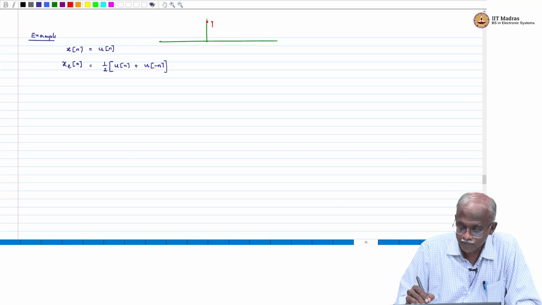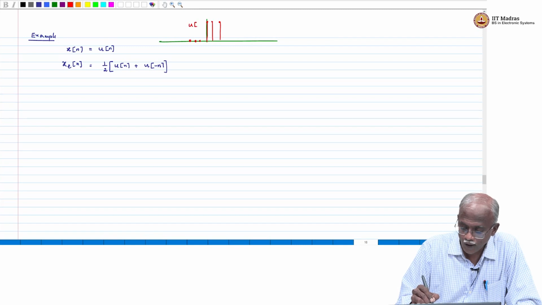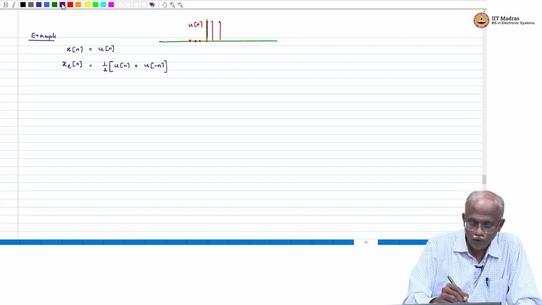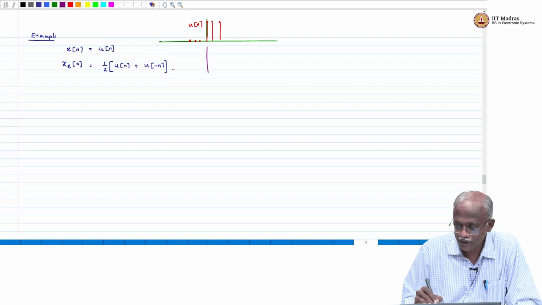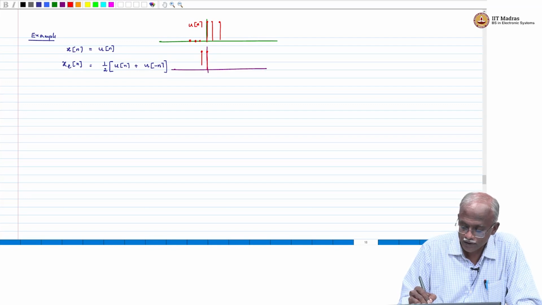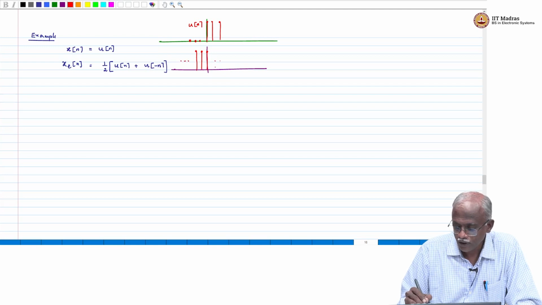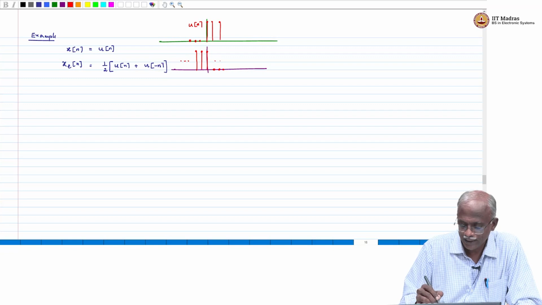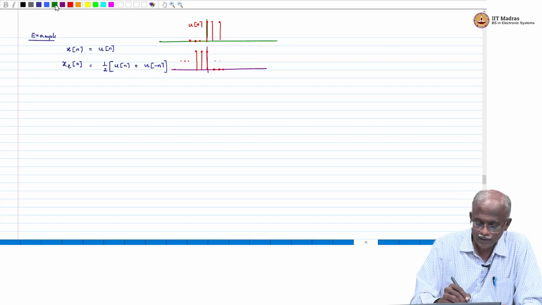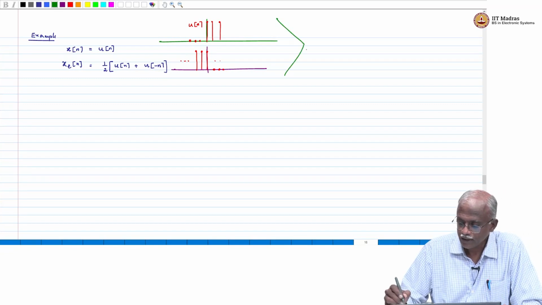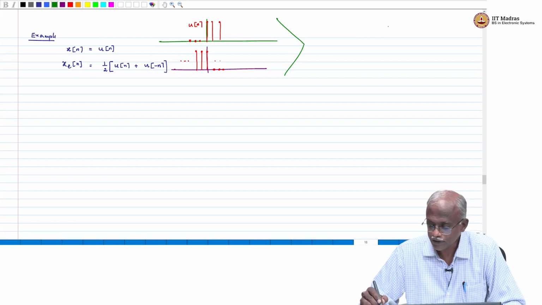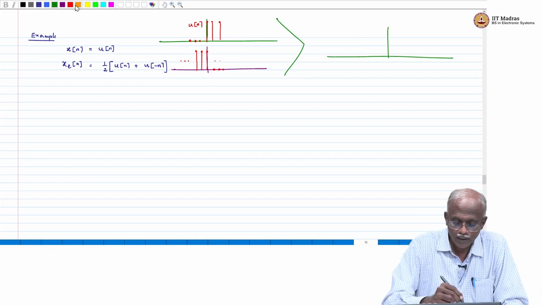This is u of n. u of minus n is the flipped version, the mirror image of that, ending at n equal to 0. So this is all 0 valued samples. When you add these together, the even part comes out to be something that looks like this.